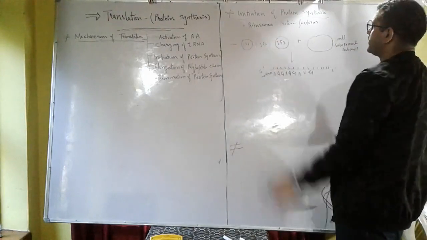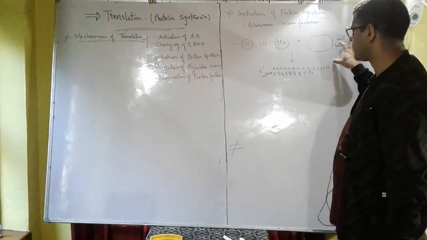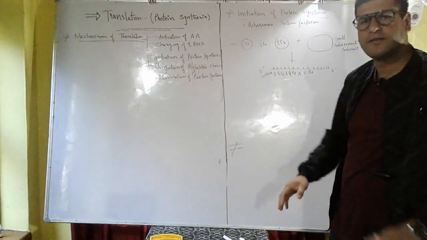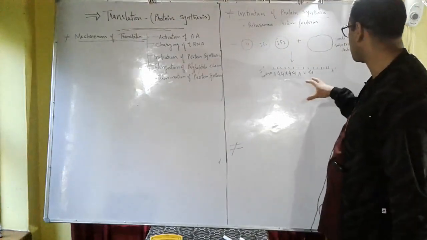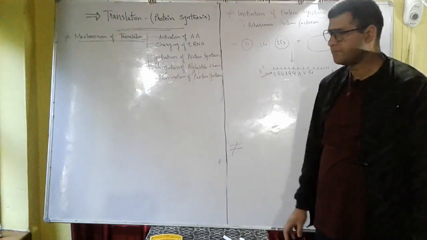How does initiation of protein synthesis take place? The small ribosomal subunit binds to the initiation factors, and this complex in turn binds to the messenger RNA.